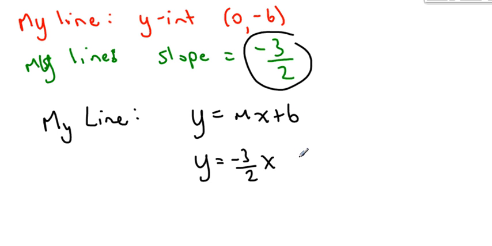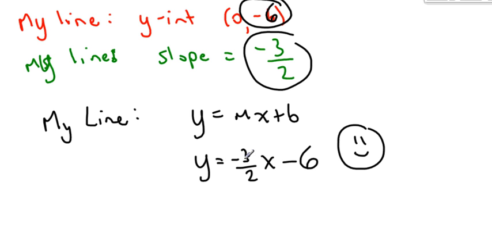B is the y-intercept. And I know the y-intercept, it's negative 6. I'm sorry that my b's and my 6's sometimes look the same. That's why we have to be careful with communication. So this is the equation of my line. It's in y equals mx plus b, and I know what m is, and I know what b is, so that's the equation of my line.